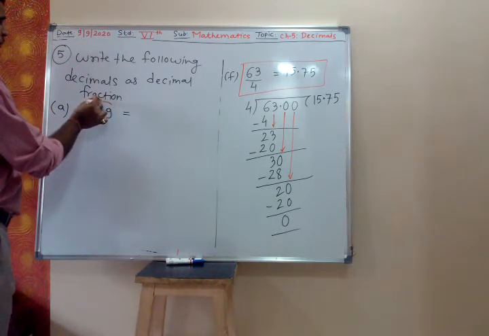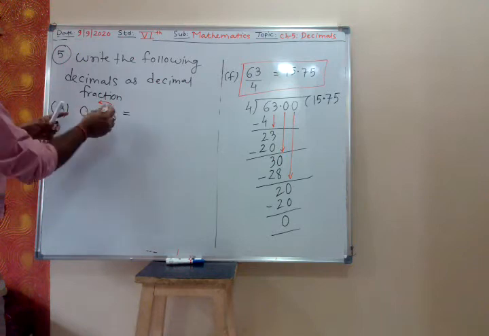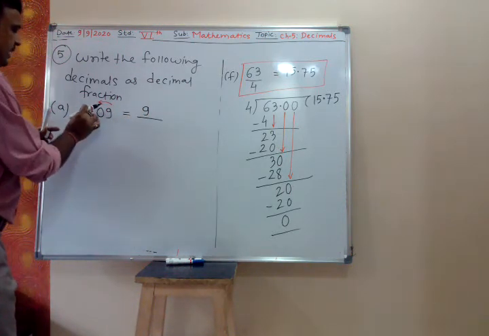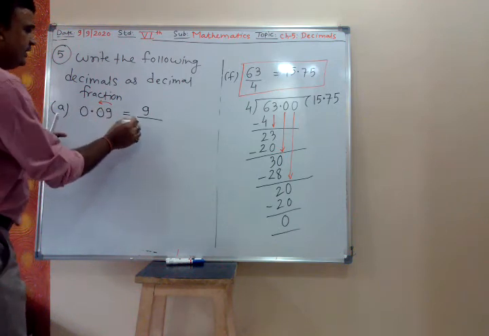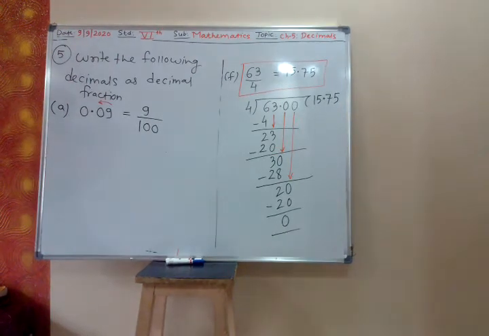From right after 2 digits there is a decimal. So I can write 9 upon, after the decimal there are 2 digits, so I will divide by 100. So 9 upon 100 is the answer.